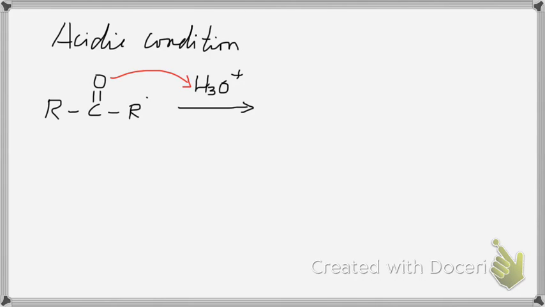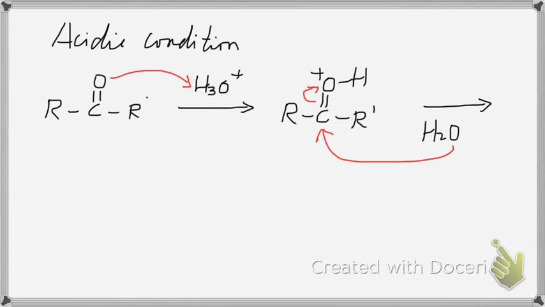Under acidic condition, the first step will always be protonation. So the oxygen of the carbonyl will be protonated by the acid. The second step, water serves as the nucleophile to attack on the carbon of the protonated carbonyl.